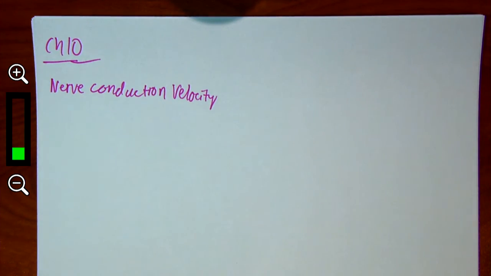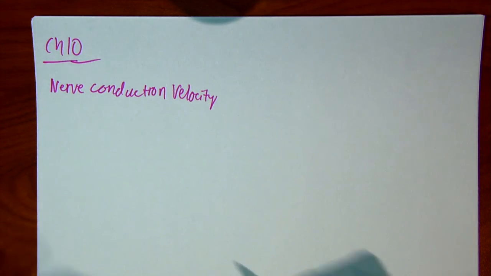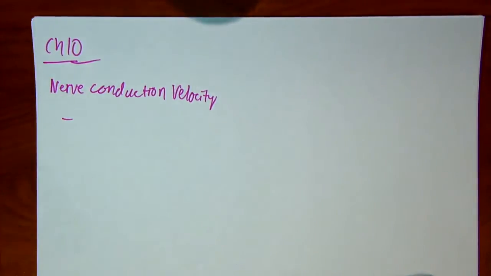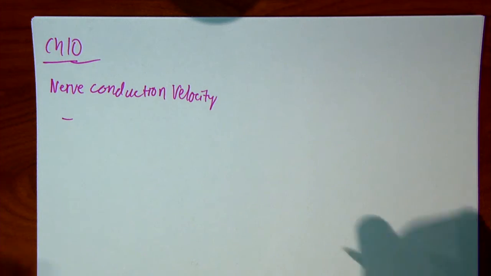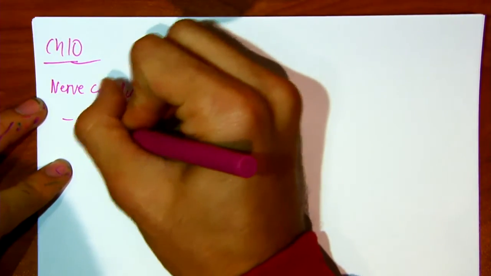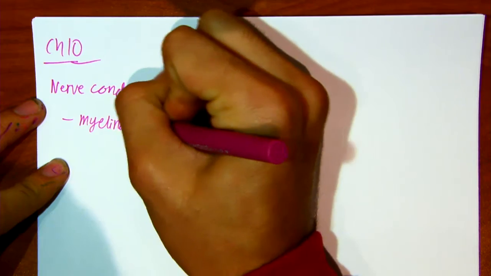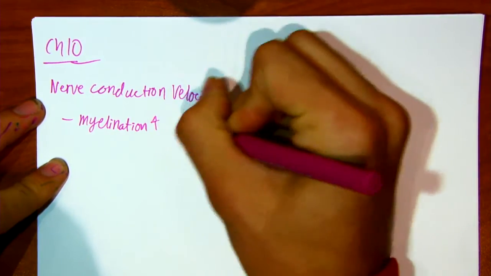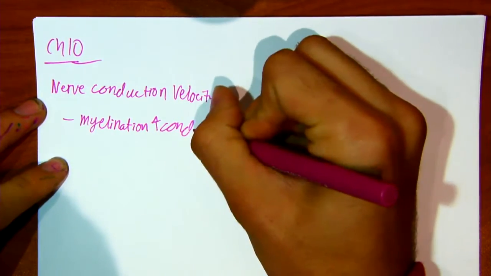All right, so nerve conduction velocity, and know what attributes contribute to it. So what aspects of a nerve will make it send signals faster? So, yeah, I heard someone say myelination. So myelination will increase conduction velocity.